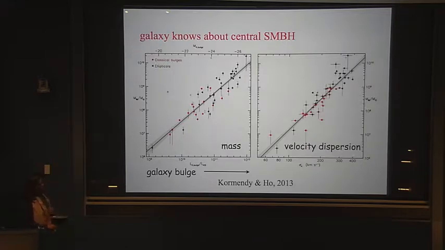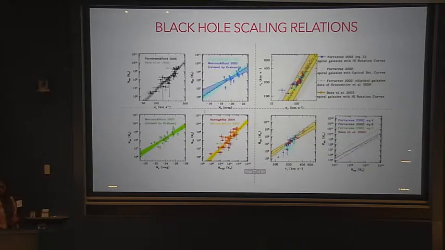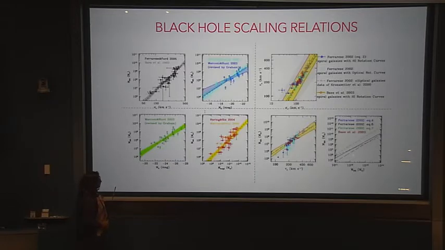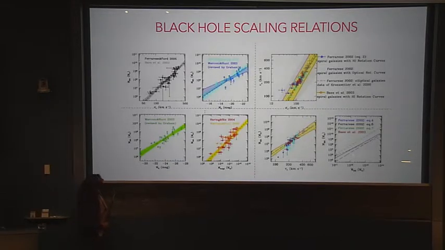So what we want to do is to try and understand, as I said, how to couple something that's at a very small scale to the scale of the bulge, right? And it might be a little puzzling.